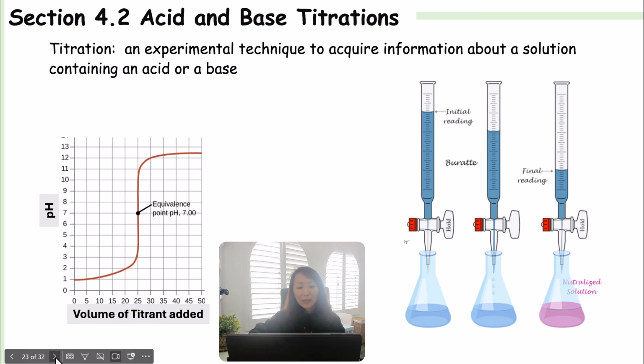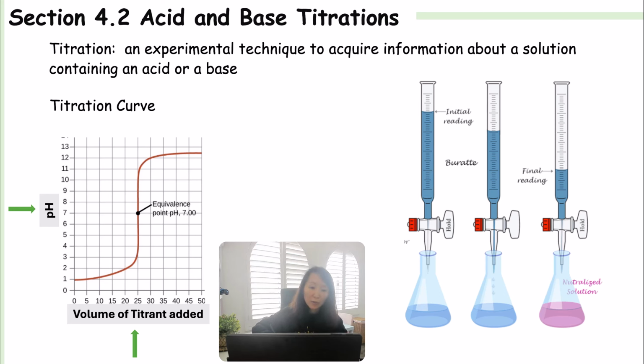We can generate what is called a titration curve as we look at this titration. In this titration curve, there are two components in the x and y axes. On the y-axis first is the pH. Then the x-axis is the volume of the titrant added. What is that titrant? I'm talking about the NaOH added.